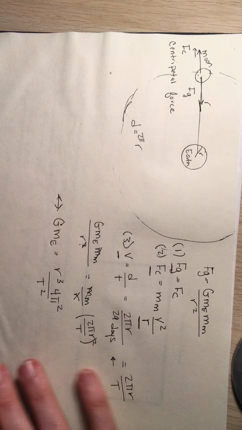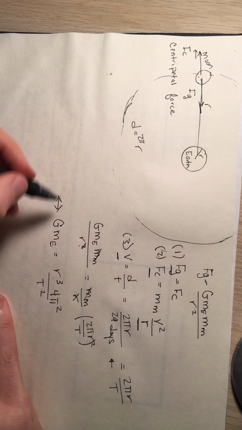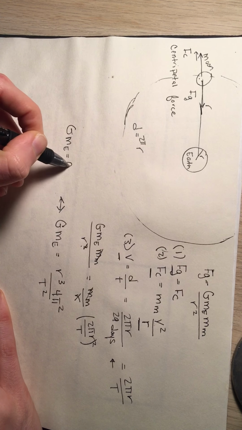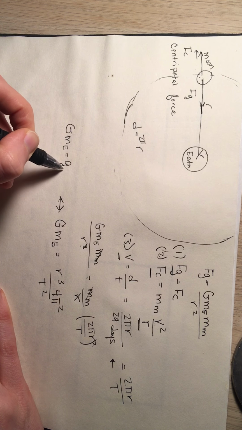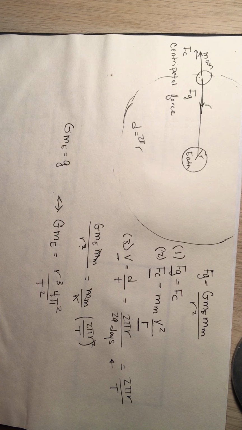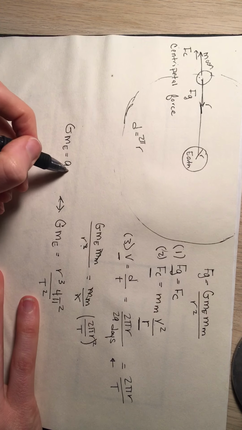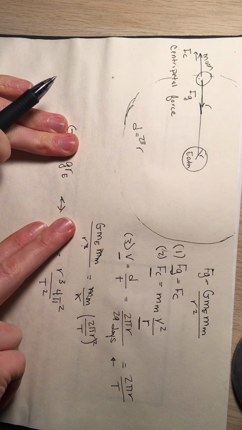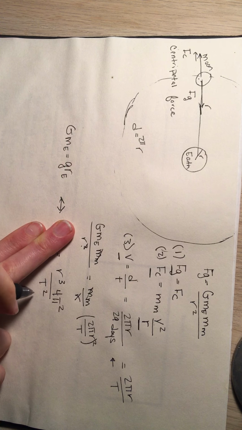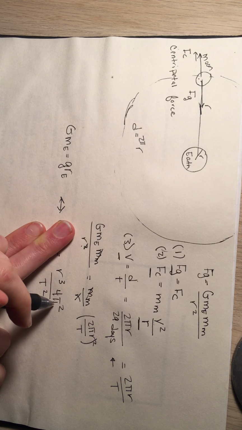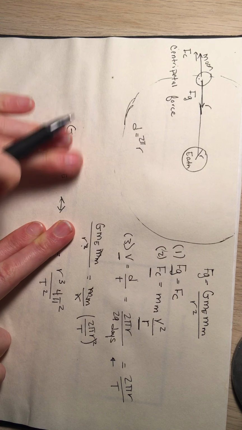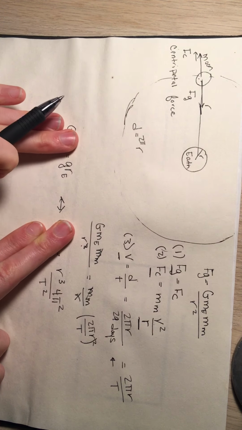So we know G M_E, the gravitational constant times the mass of the Earth, equals the acceleration produced by the Earth times the radius of the Earth. Okay, so we could set this equal to this, and because we know T squared, 29 days, we know pi, we could solve for r, which is the radius of the orbit between the moon and the Earth, using this expression.